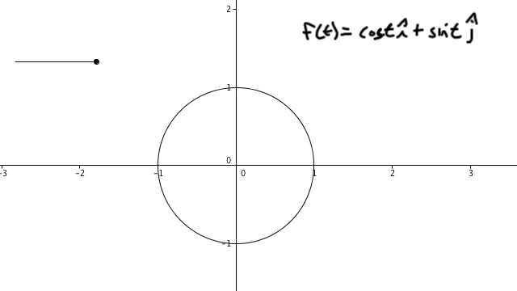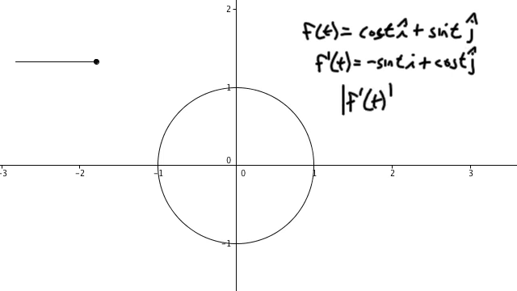That'll get us going around, and we know that f prime of t is negative sine of t i plus cosine of t j, and the magnitude of f prime of t is the square root of sine squared plus cosine squared, which is equal to 1.